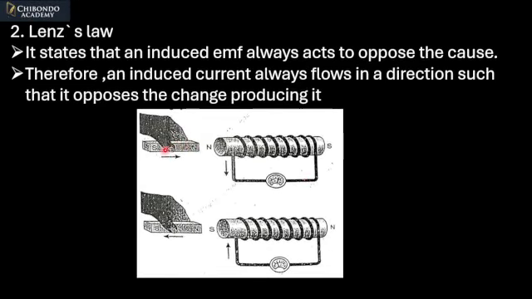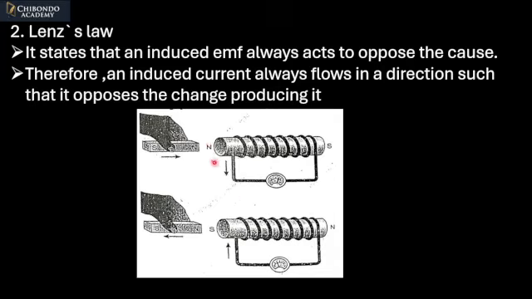Suppose we're moving a magnet towards the solenoid. The field lines are cut, and the induced current always flows in a direction such that it opposes the change producing it. Because the magnet is moving in this direction, the current will tend to run away from that point.